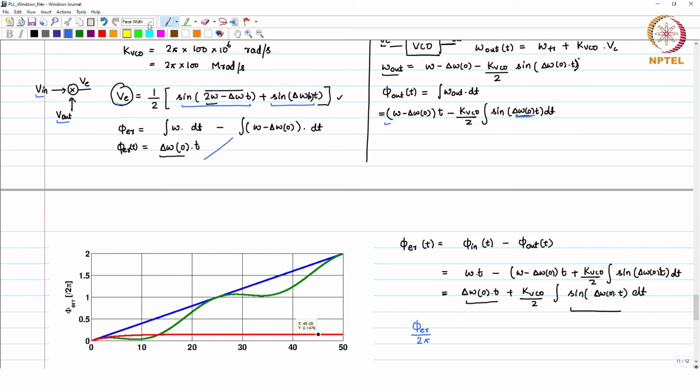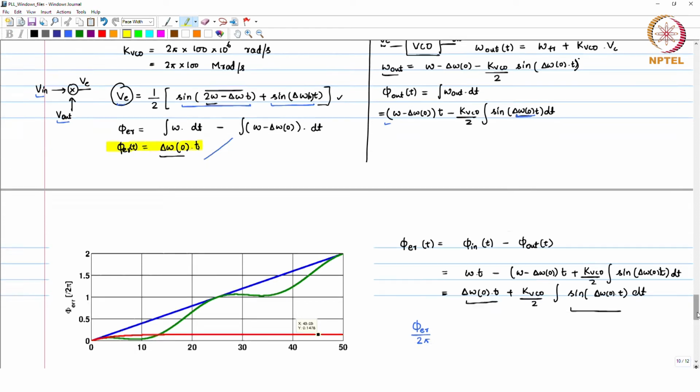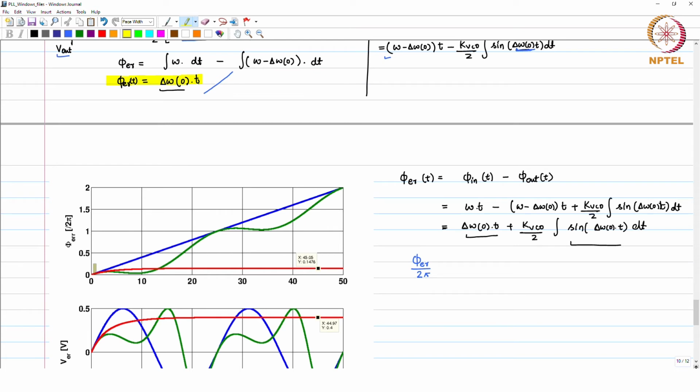So, in this case, the phase error increases linearly with time, which is delta omega 0. The curve which you see is this, the blue one. When I highlight, this is the curve which is increasing linearly with time, and I am plotting phase error by 2 pi.